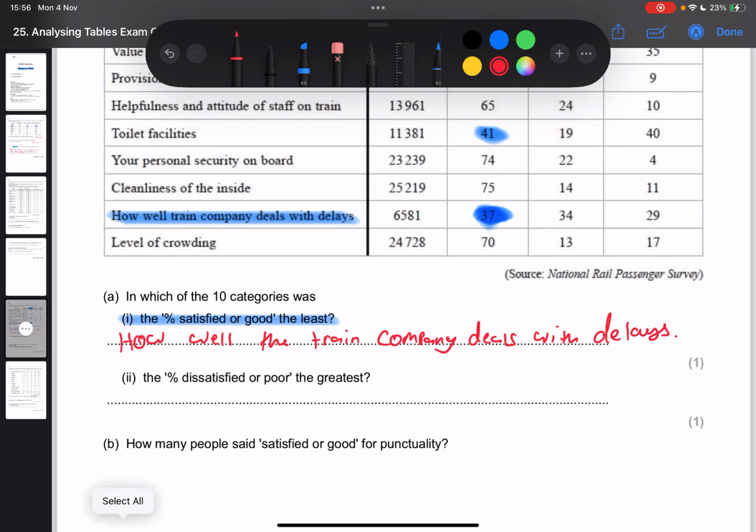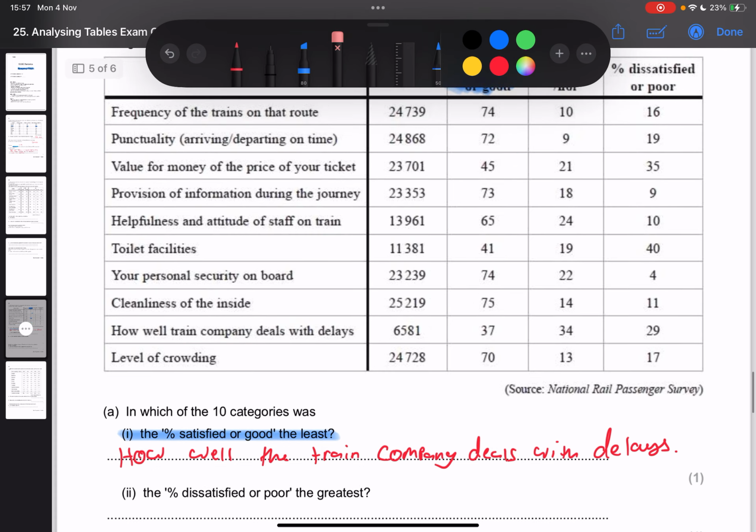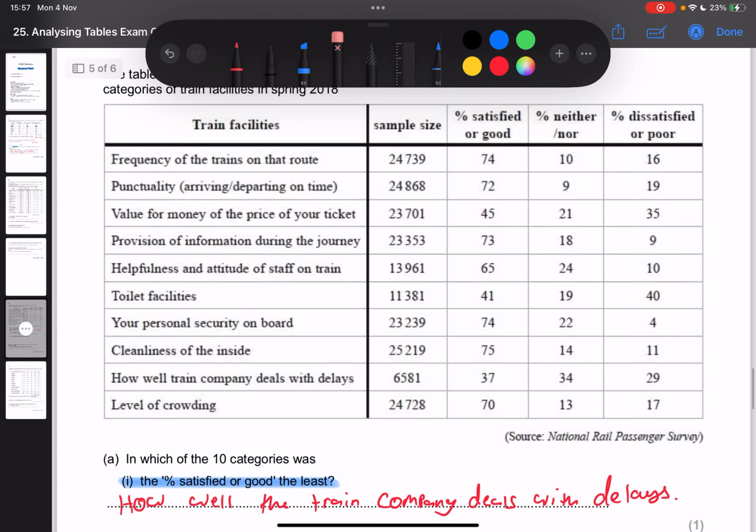The percentage dissatisfied or poor, which is the greatest. So we're looking for the biggest category where the percentage of dissatisfied or poor is the biggest. So it's not 16, 19, I see a 35. Is there anything bigger than 35?